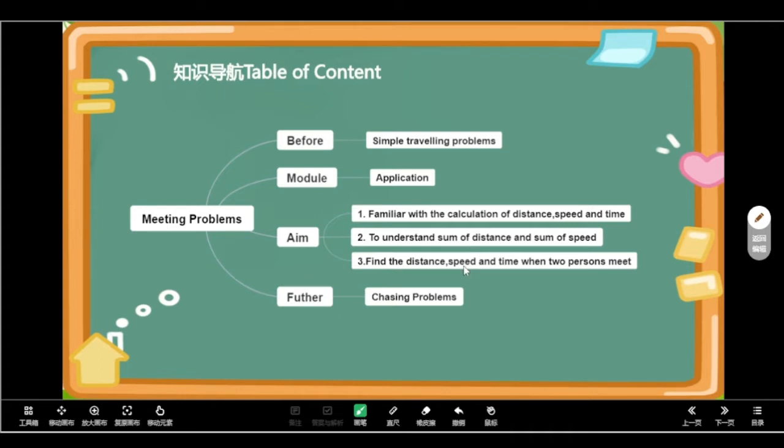For meeting problems, I would like to ask you, can only one person do meeting problems? No, that means if we are discussing meeting problems, there are at least two persons. So if two persons meet together, that is our meeting problem. So let's start our content today.